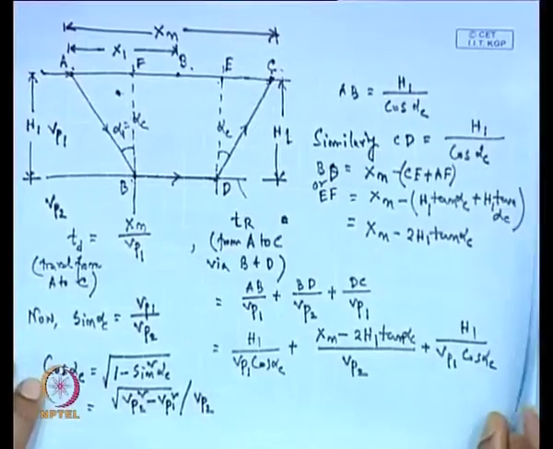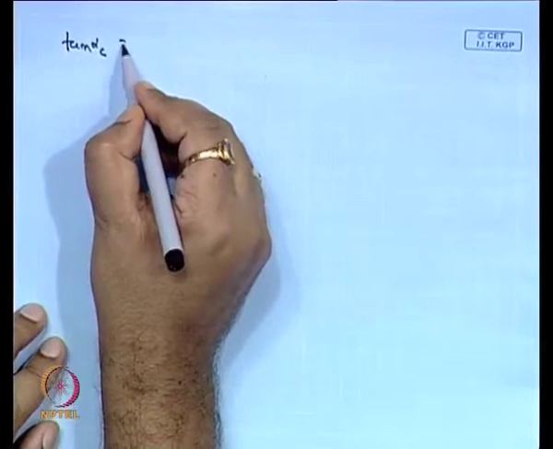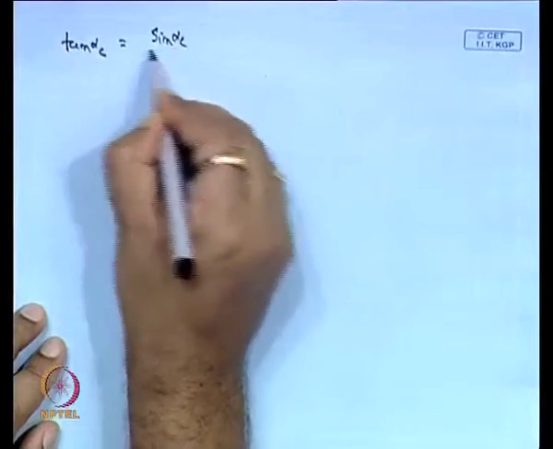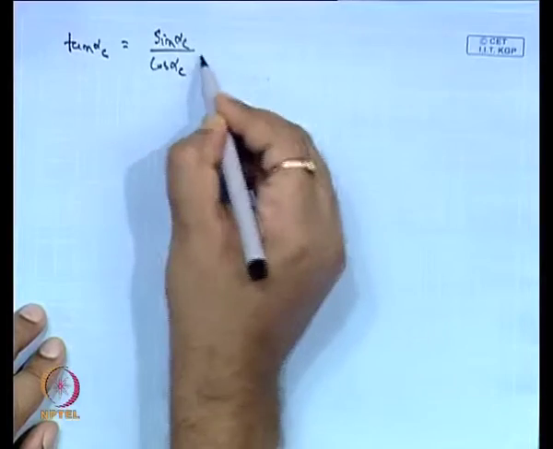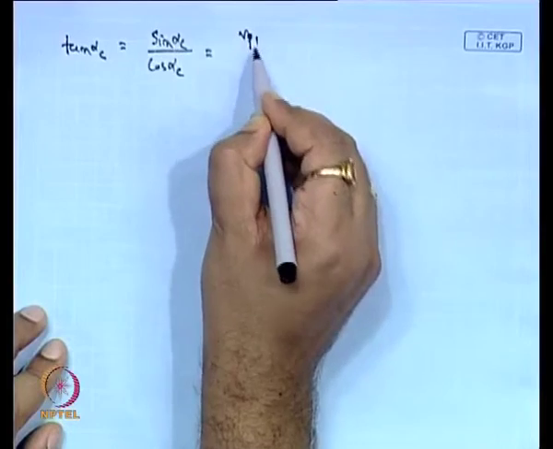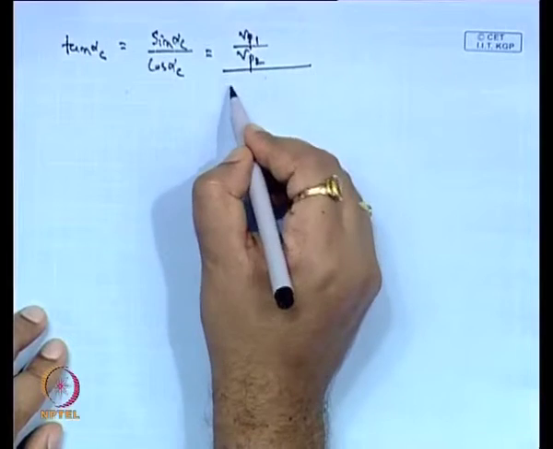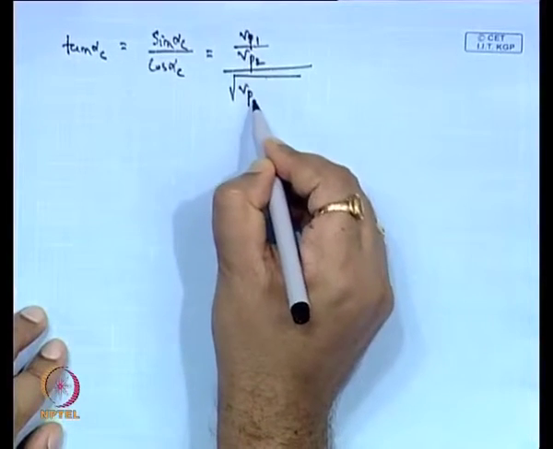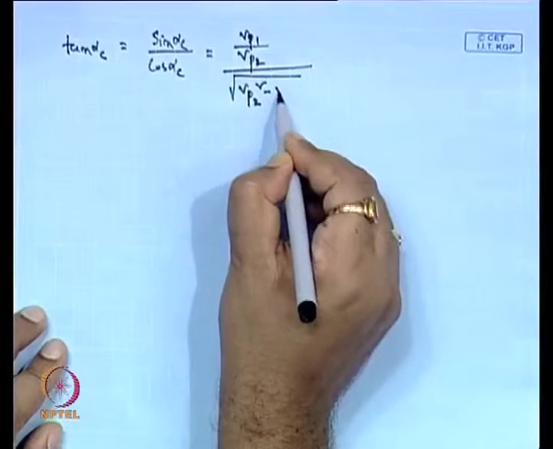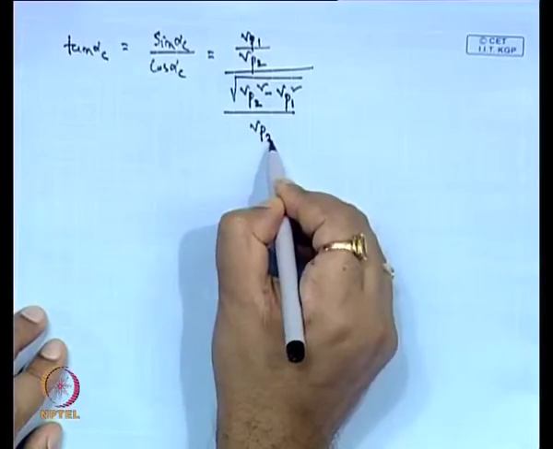So, in the same process we can write that tan alpha c is equal to sin alpha c divided by cos alpha c. So, that is equal to sin alpha c, V p 1 divided by V p 2, then divided by root over V p 2 square minus V p 1 square divided by V p 2.